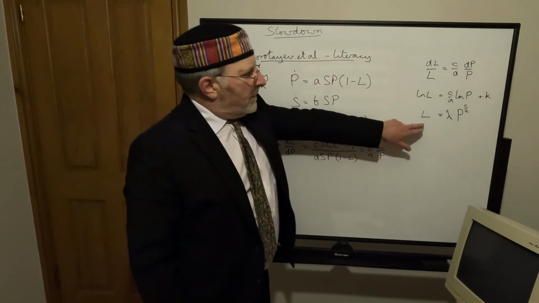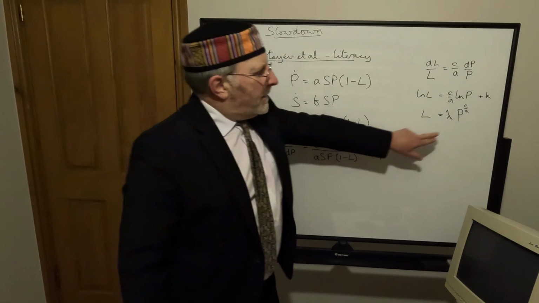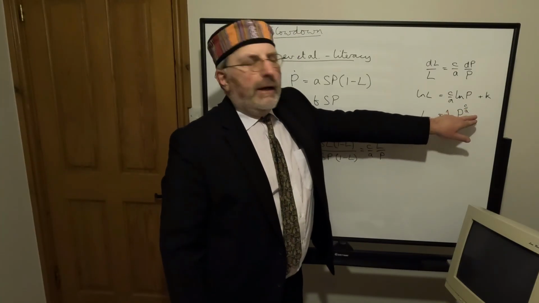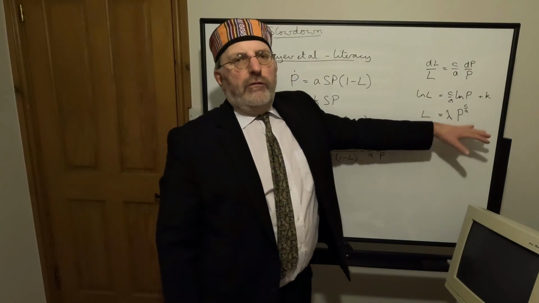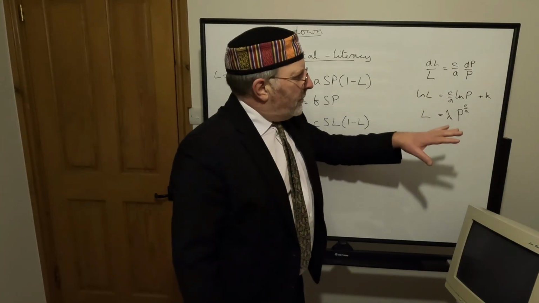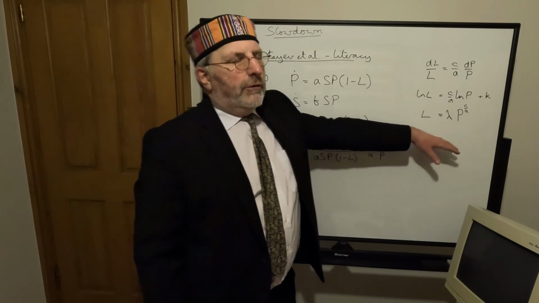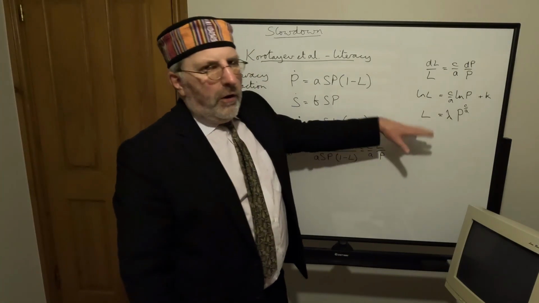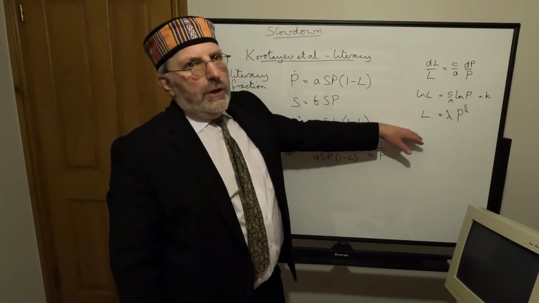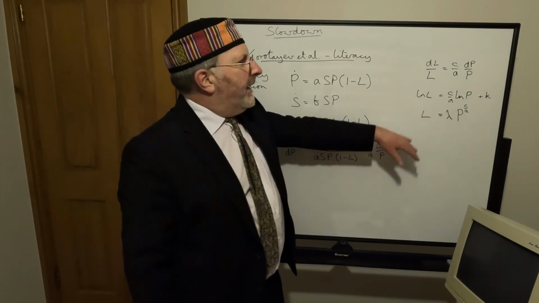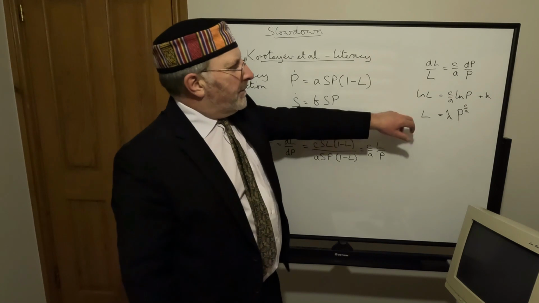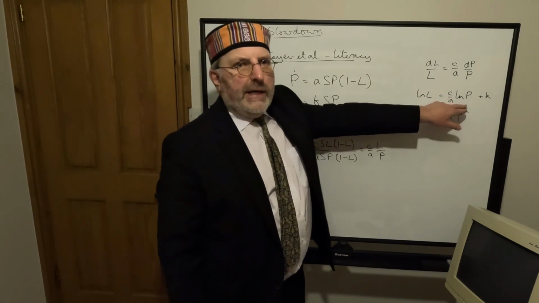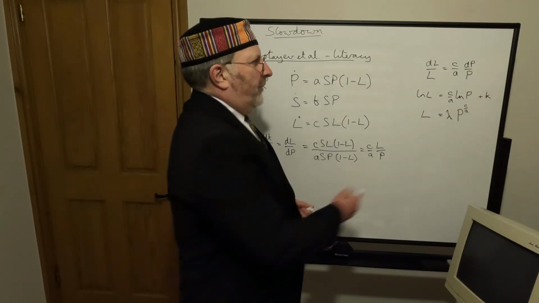So we find that literacy depends on population raised to some power C over A. So L depends on P as a power law. And we should remember from the mathematics module that we can study power laws with log-log plots, because on a log-log plot, a power law should come out as a straight line. In fact, that's also obvious from this stage, because the log of L is related to the log of P by the standard formula for a straight line.